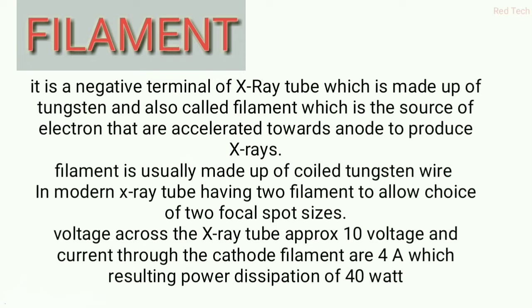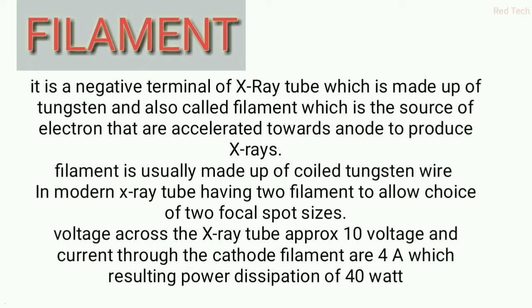The filament is the negative terminal of the X-ray tube. You can say the negative end of the X-ray tube, which is made up of tungsten. The tungsten is also called the filament of the X-ray tube.